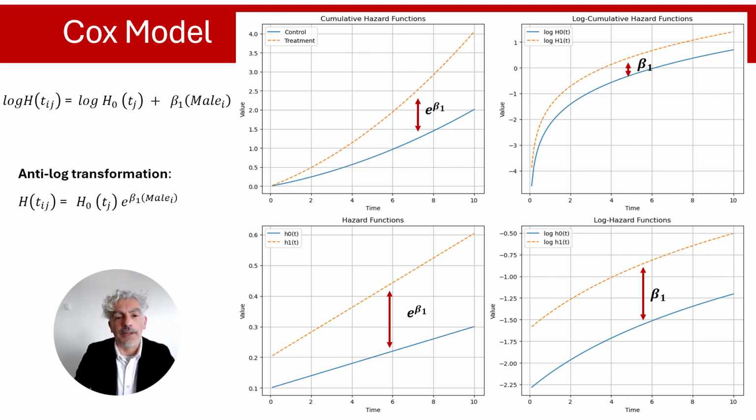So really the bottom line is that by applying the model to log cumulative hazard functions, we can also have some estimates about the raw hazard functions. So the Cox model provides this very useful property that we can start by modeling cumulative hazard functions to then say something and get some results that can be applied to hazard functions.